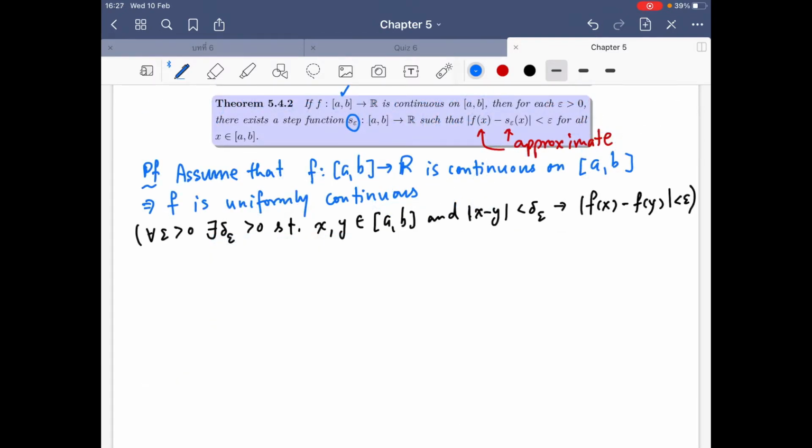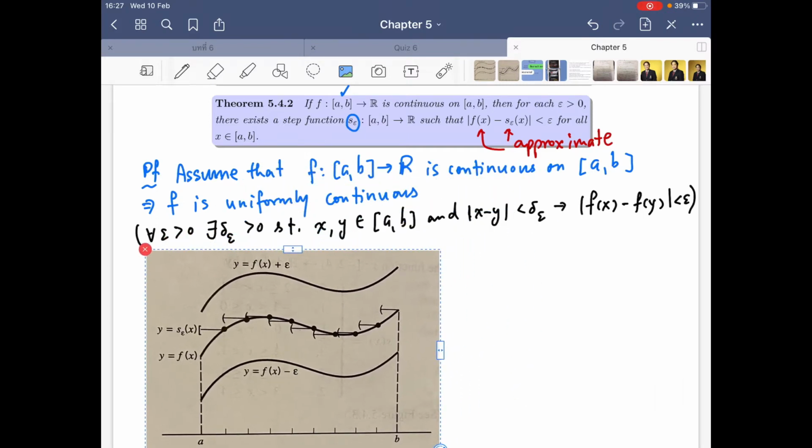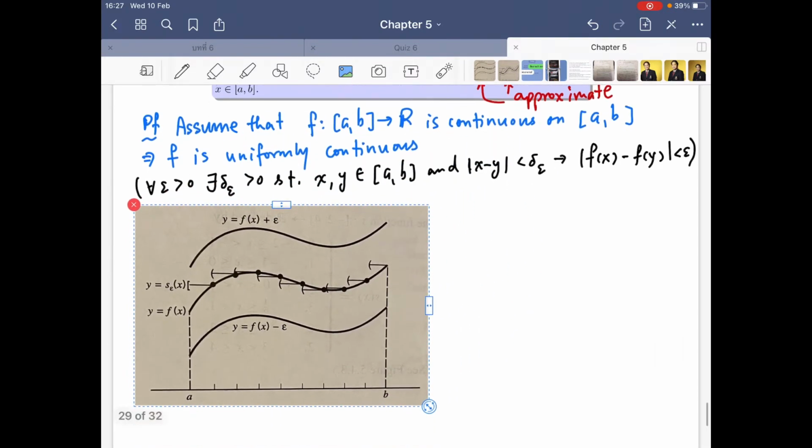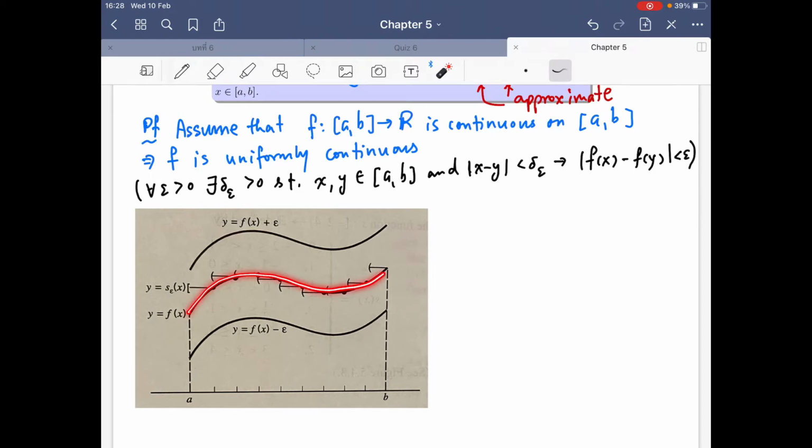So basically, the idea is that if we have this kind of curve, let me just insert one example of the curve of a function f of x like this, and then we have the epsilon added up, or the epsilon subtracted down here.